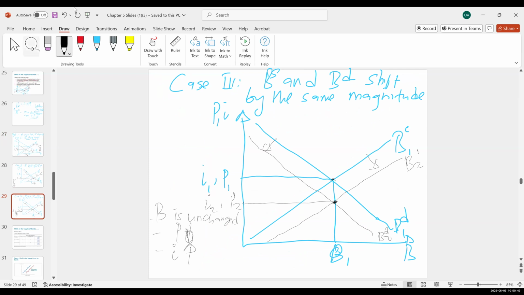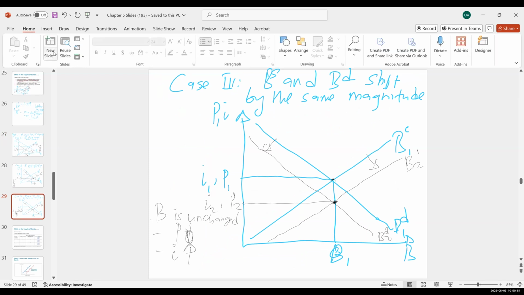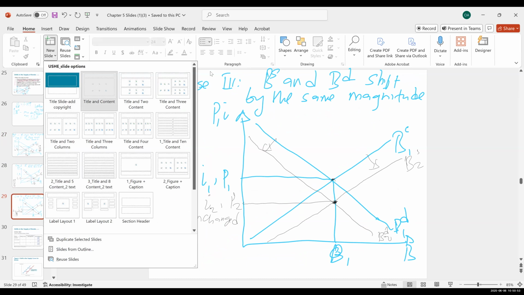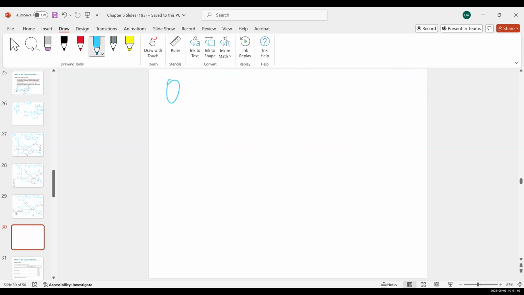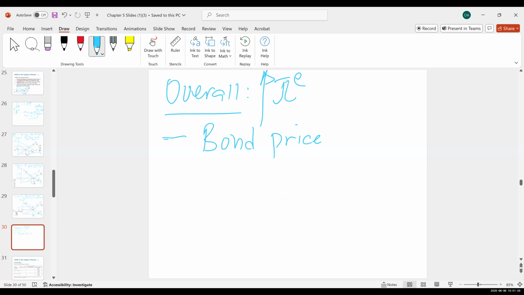Now we can conclude by saying that when there's an increase in expected inflation and nobody tells us exactly which side of the market is affected more, whether demand or supply, the overall conclusion has to be that an increase in expected inflation means bond price always decreases. In all three cases, you found that bond price decreases.